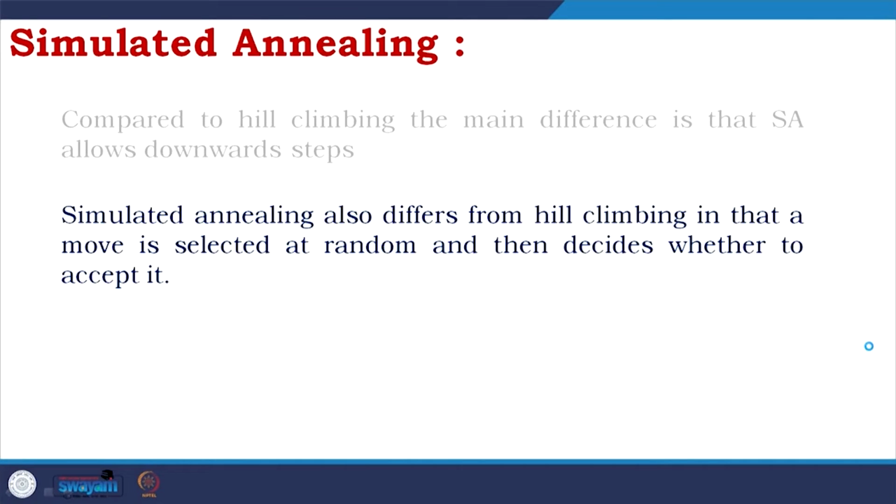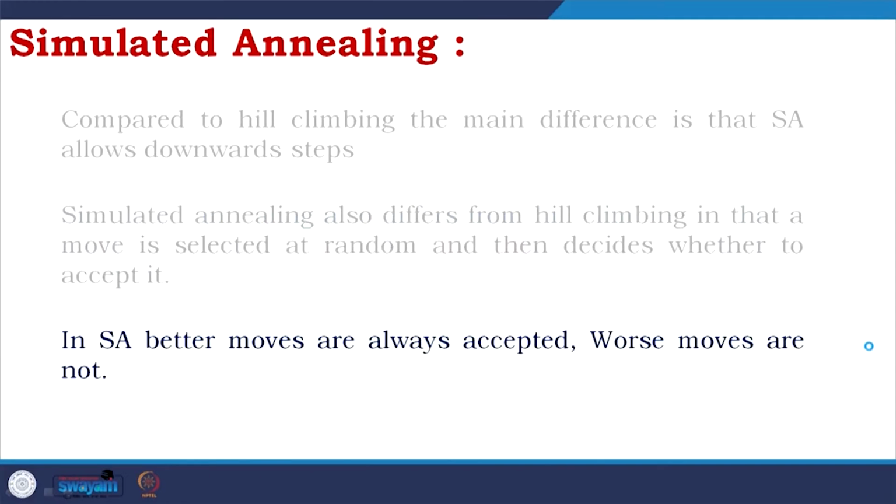Simulated annealing also differs from hill climbing in that a move is selected at random and then you decide whether to accept it or not. So, there would be a random move and then you have to go for testing, I will talk about that. In simulated annealing, better moves are always accepted, worse moves are not always.